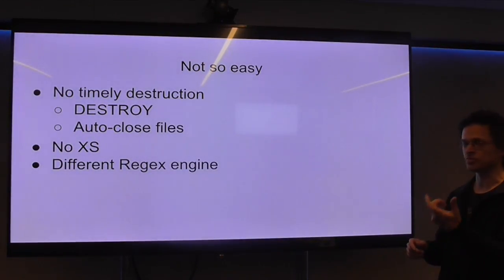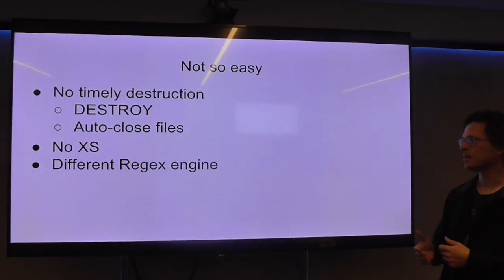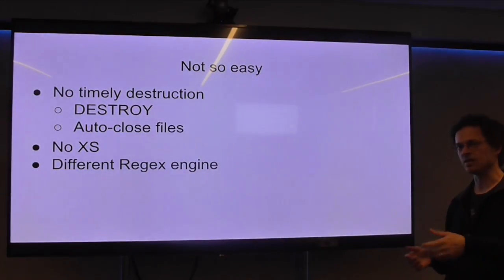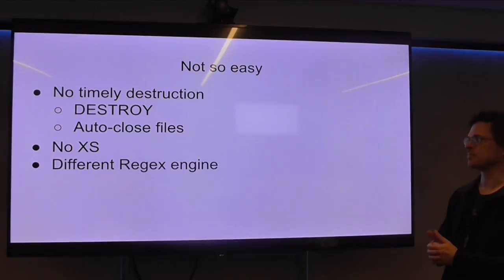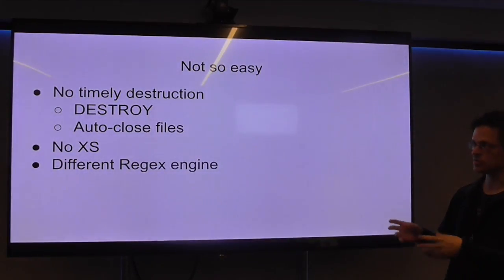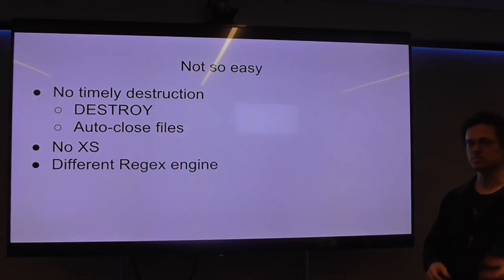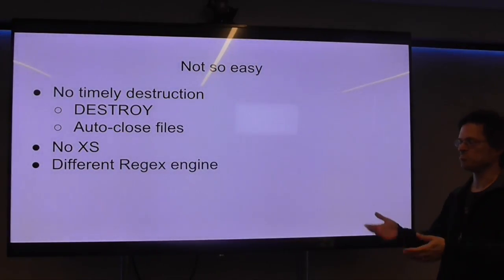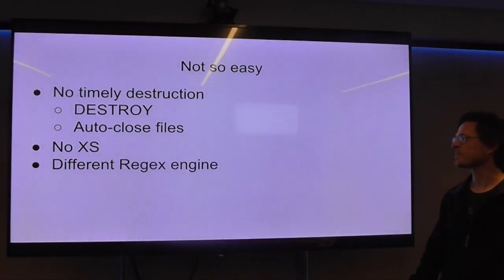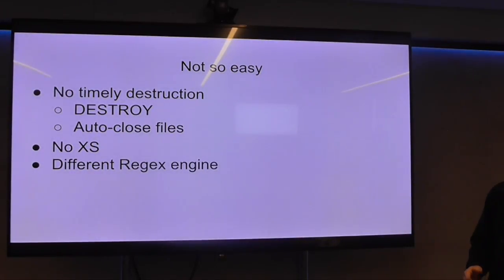It will call DESTROY if it's an object, and files that go out of scope will auto-close. This doesn't happen in Java, because Java will just put this variable on hold until it is garbage collected, and this can even happen never if you have enough memory. There is no XS, because this is not C, this is Java, and XS is specifically C.